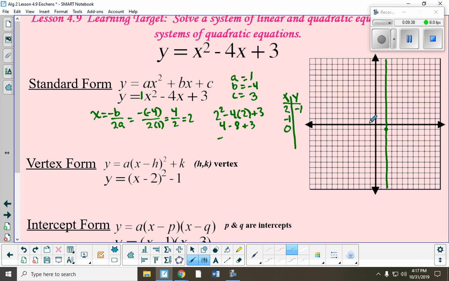It's a little further away, but let's do that, just so we can talk about negatives. When you plug in a negative here, all of x gets squared, so I always put parentheses around it. So that would be a +1, +4 plus 3, so that would be 8. So at -1, we're at 8.